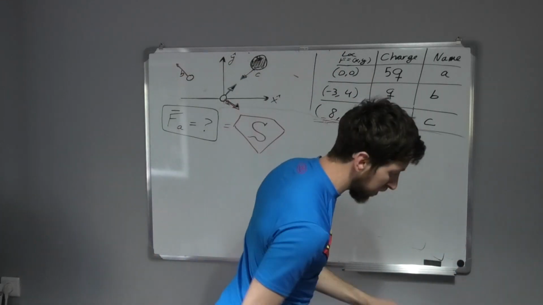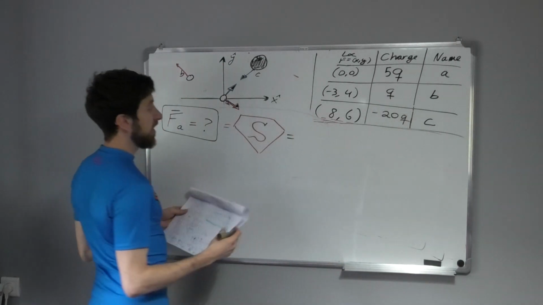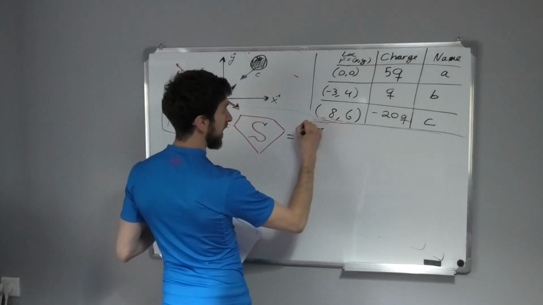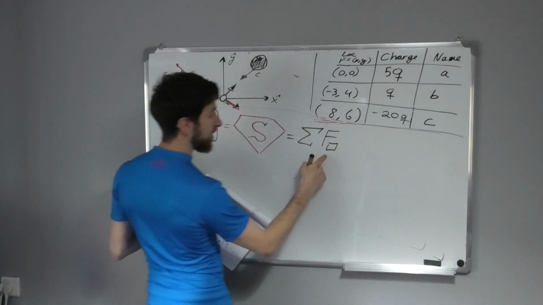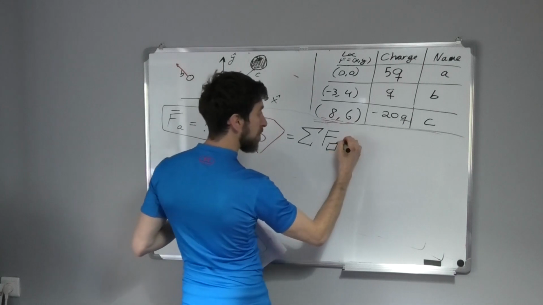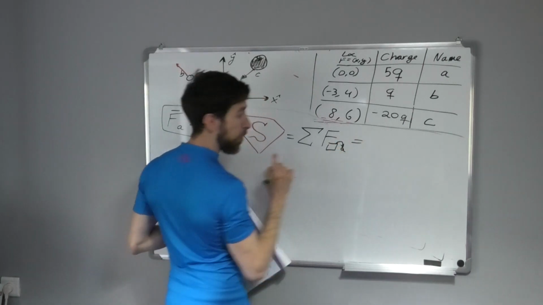So we have the superposition, and what the superposition says is that we sum up all the forces, no matter who does it, that apply on A. So we know that we have two of them, right?